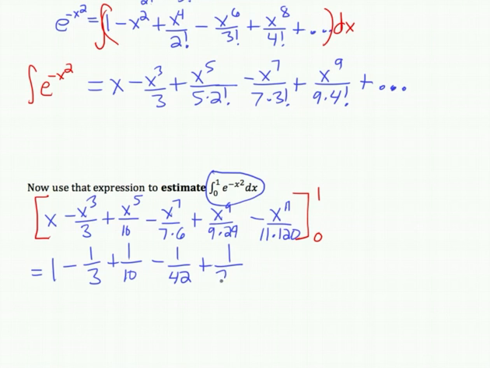That is 216. And 1 to the 11th is 1. 11 times 120 is 1320. So that's going to be it. So let's go plus dot dot dot. And then we're going to have really here a minus 0 for the 0 being put in all these guys. So there we go. So we've got that minus 0.